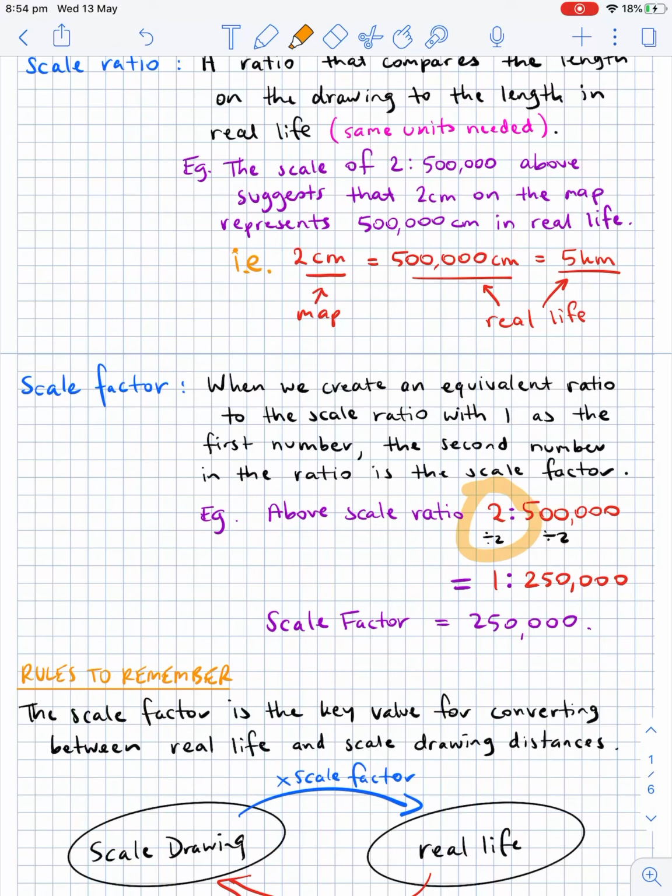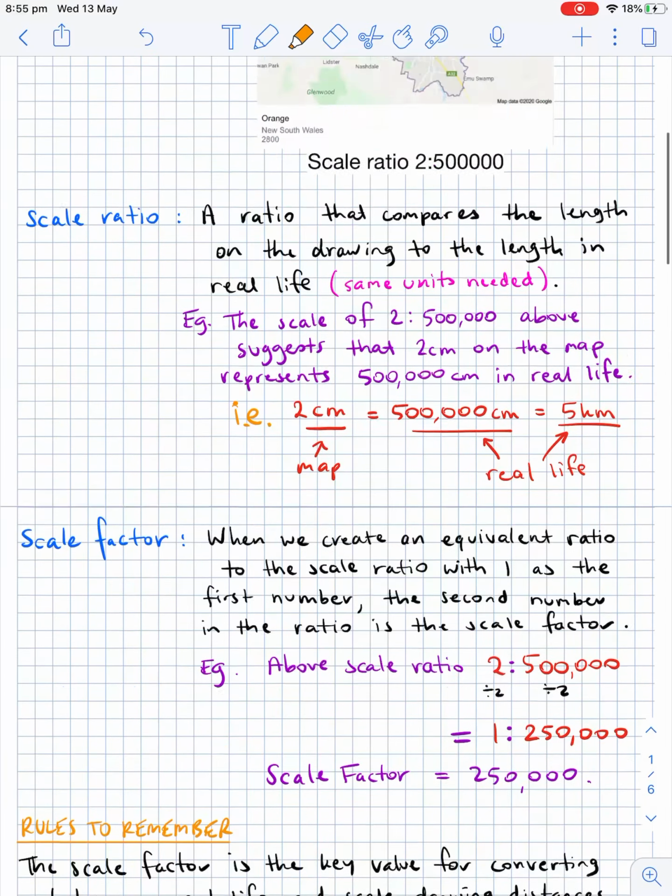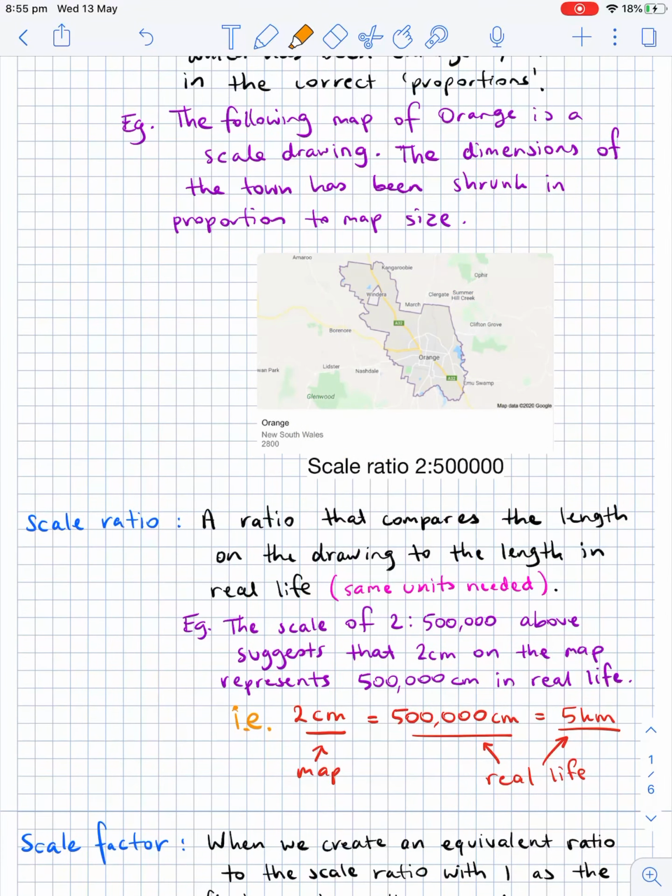Because 2 divided by 2 is 1, so I'm literally going to look at this number and divide by that same number. And 500,000 divided by 2 gives you 250,000. So we get this equivalent ratio. 1 is the first number, which is desired. The second number is what we call the scale factor. So 250,000 is our scale factor for this map right here.